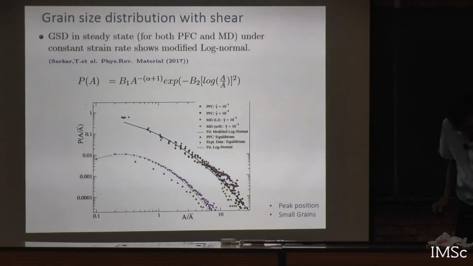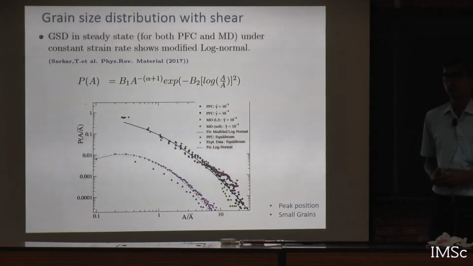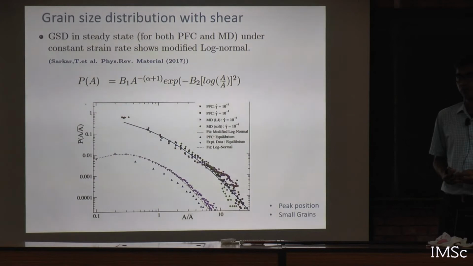Don't you have experimental data? For the sheared case, no, there is none. Actually, for metallic systems, it will be very difficult to do simple shear. You can only do extension. I see. For colloids, it might be possible. Yeah, I've talked to people who work on these colloidal crystals.